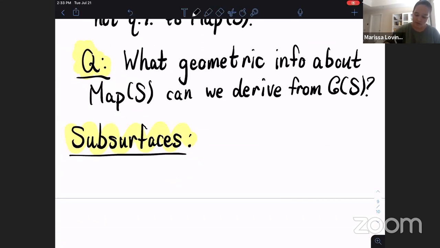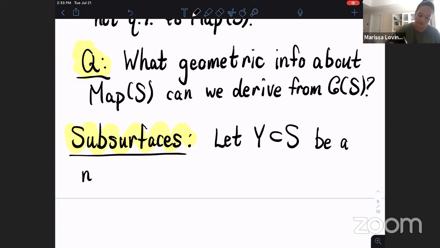Okay, so let's take an essential subsurface Y. And for now, I don't want this to be an annulus, so this is a non-annular subsurface.